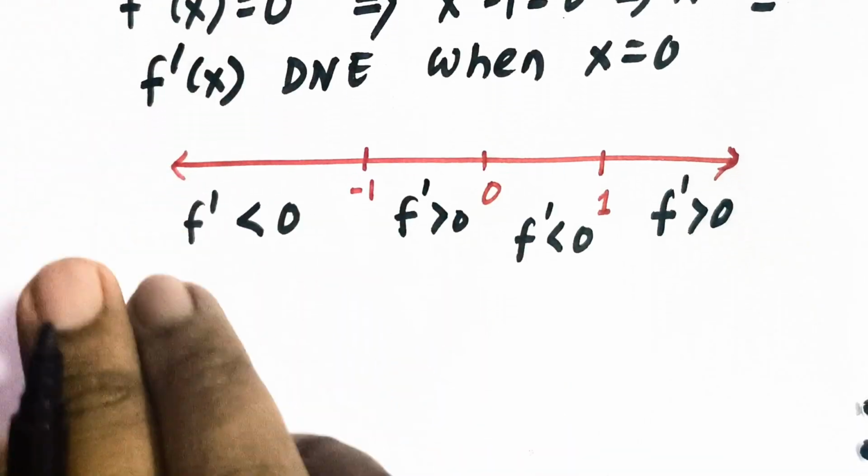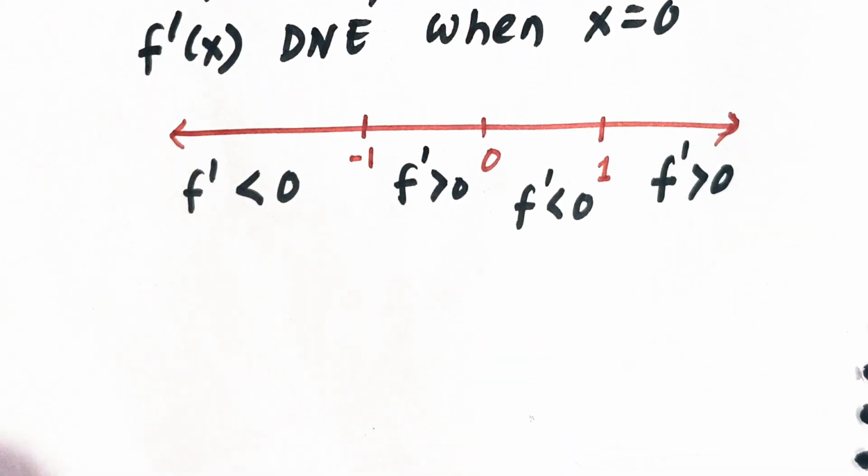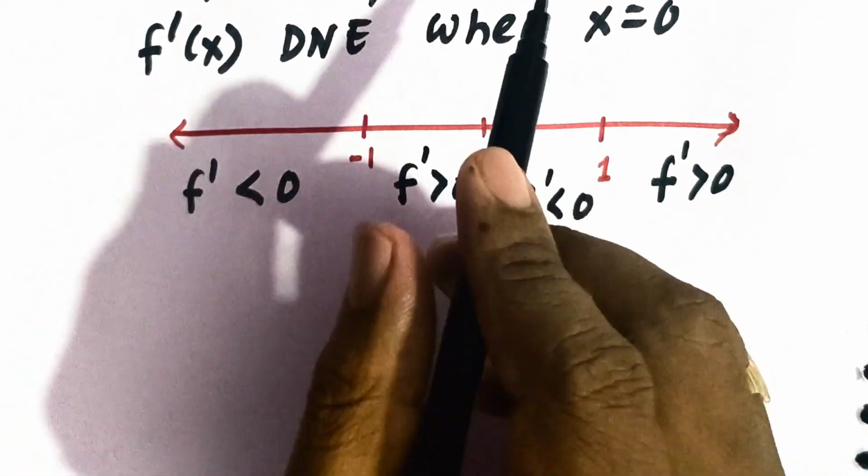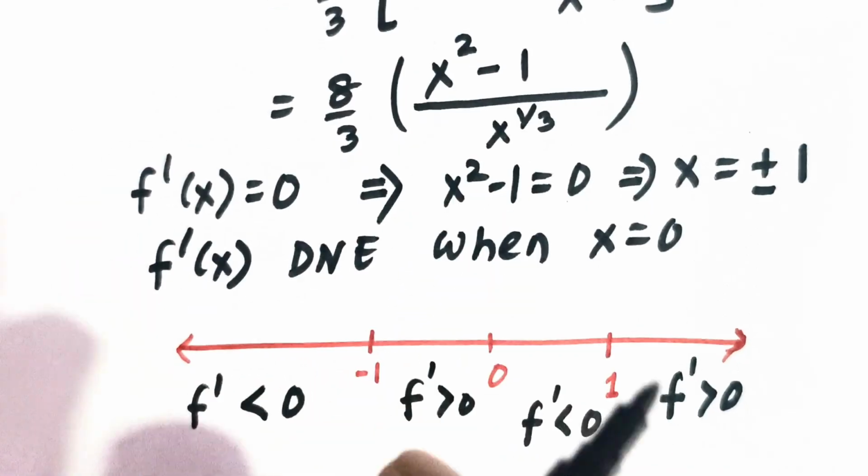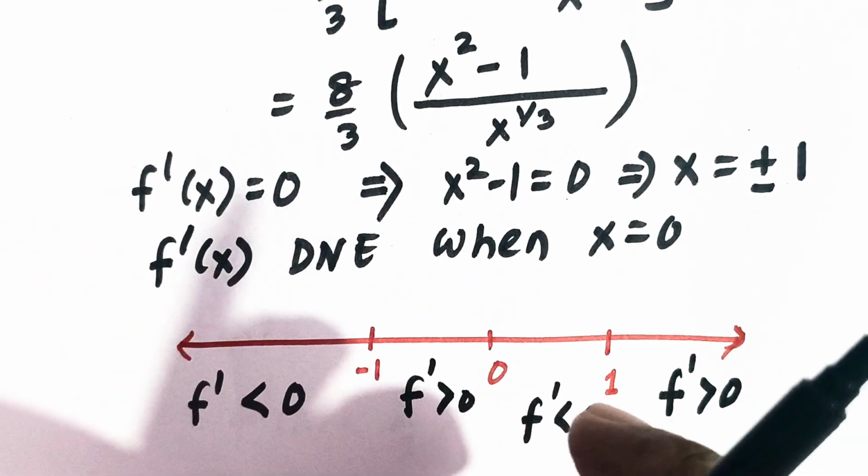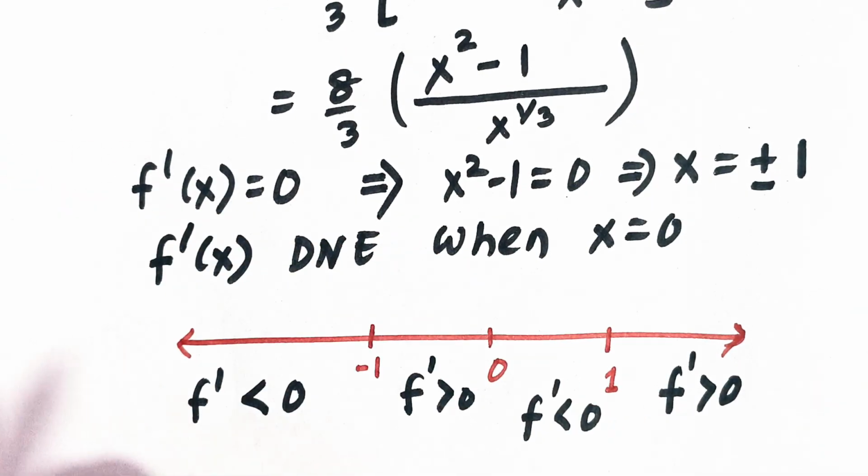You don't have to find f dash, you only have to check the sign of f dash. So here we have picked one single point and just checked the sign; we have not calculated the exact value of f dash.